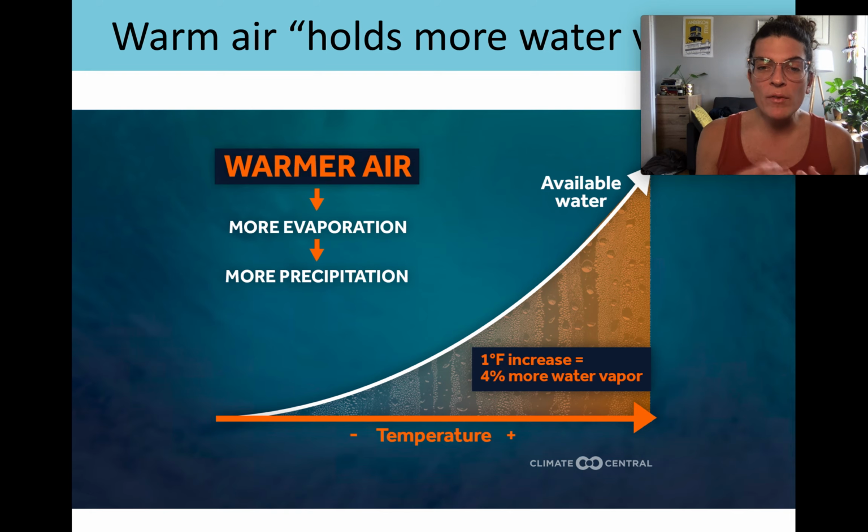Okay, so for every 1 degree increase Fahrenheit in temperature, the air can hold 4% more water vapor. Water as a gas, water vapor. This has important implications for climate change, which we'll get to in a minute, and this slide kind of teases by saying warmer air leads to more evaporation, which leads to more precipitation.